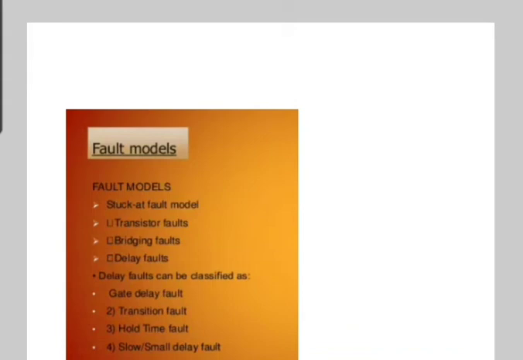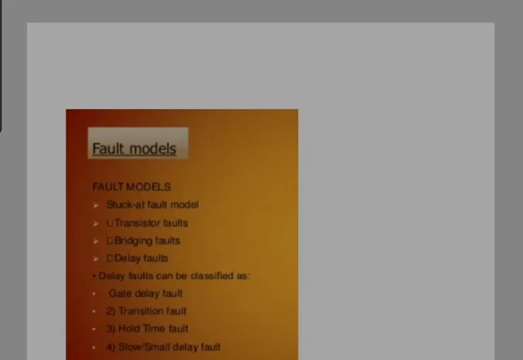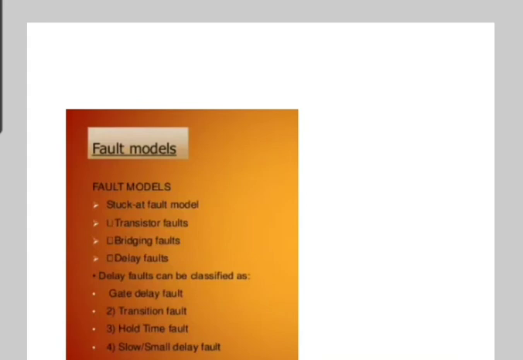So delay faults cause timing failure in the chip, and there are a number of timing parameters which need to be satisfied, such as setup and hold time, etc. But when we are testing a chip at a target speed, it causes a timing failure due to the delay fault.